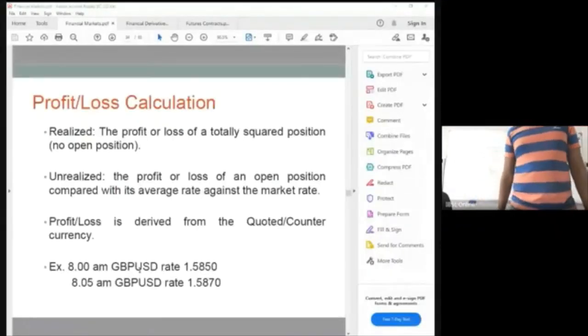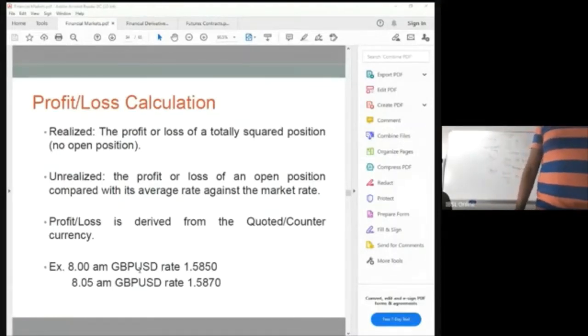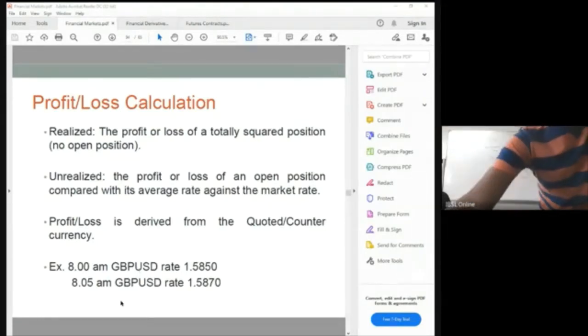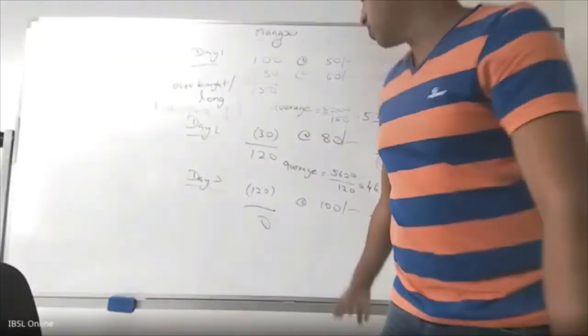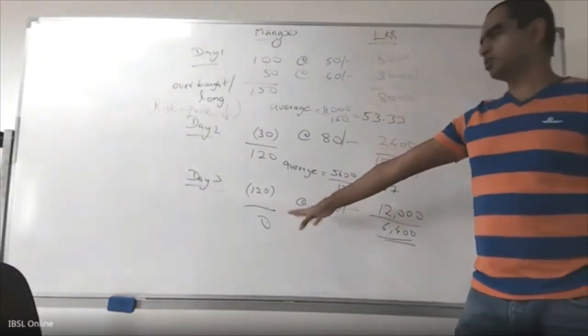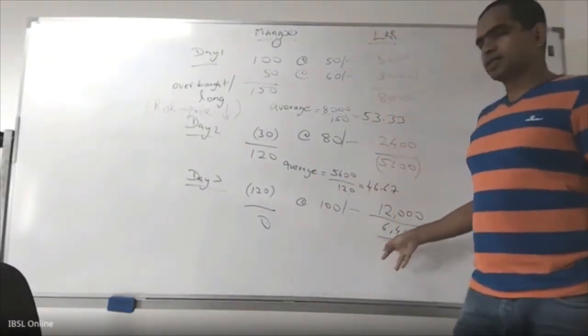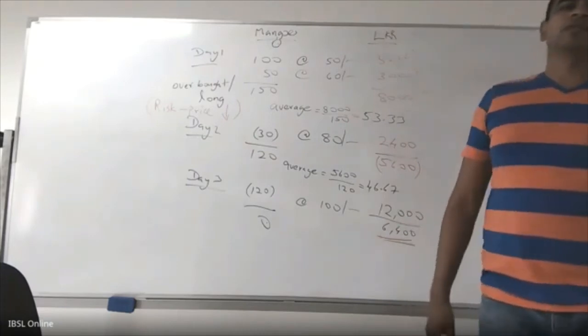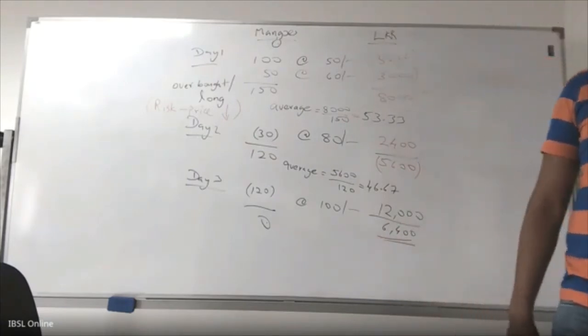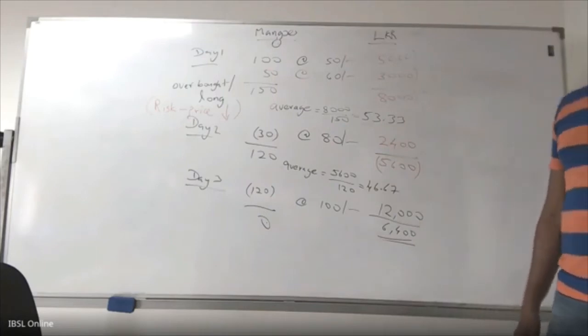Realized profit or loss is of a totally squared position where there is no open position. Like on day 3, your mangoes become 0, so you have realized your profits. On day 3, you have sold all the mangoes, no exposure to mangoes, you're squared. This is your realized profit. Unrealized is profit or loss of an open position compared with its average rate against the market rate.